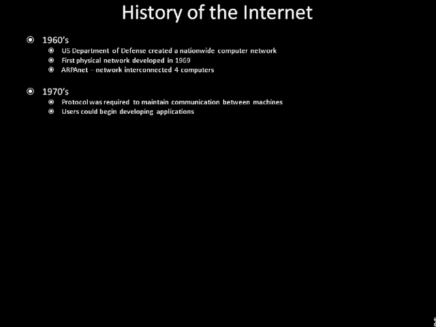Users could now begin developing applications. Web-based electronic mail was also developed. A few years later, an improved protocol called TCP/IP was developed to allow computers and different kinds of network to communicate with each other. In 1976, the term Internet was introduced.